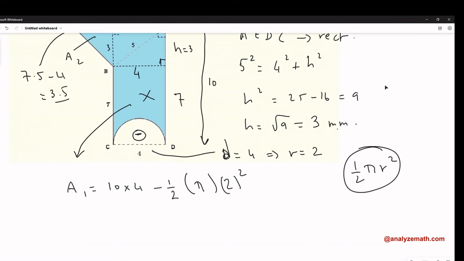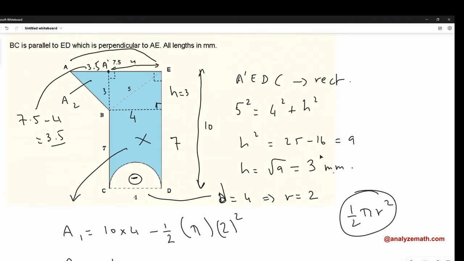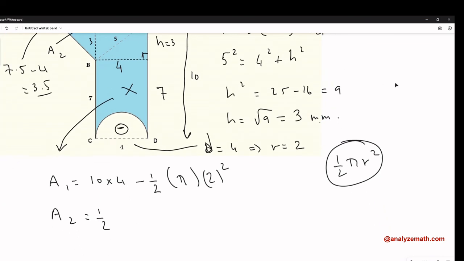So A2, the area of the triangle. It's a right triangle here, because this is 90 degrees already, so it's going to be 1/2 the height multiplied by the base. The height is 3, the base 3.5. So 1/2 times 3 multiplied by 3.5. Now the total area of the shaded region is equal to A1 plus A2.